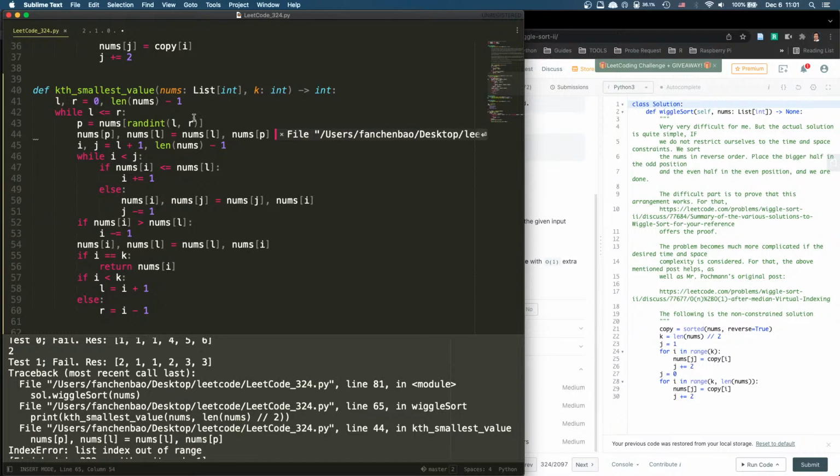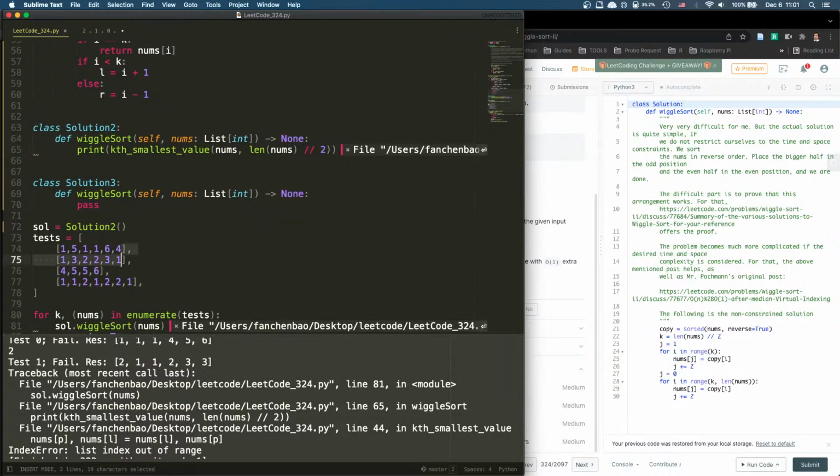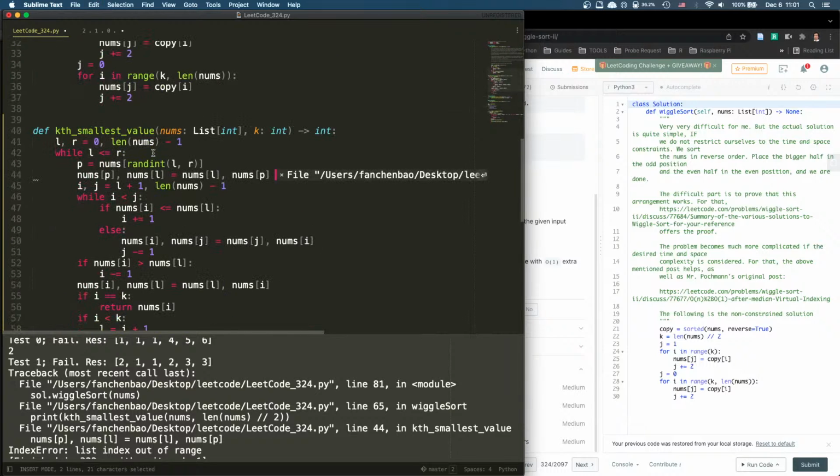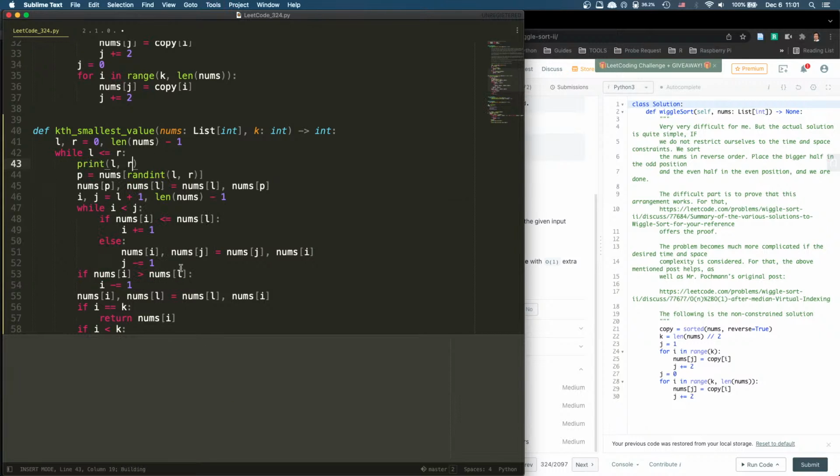And L to R will, L is I plus 1, R is I minus 1. Hold on, and let's check this. Let's print L and R, and let's see.